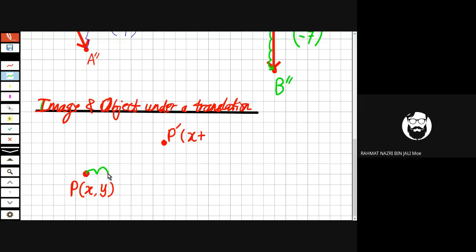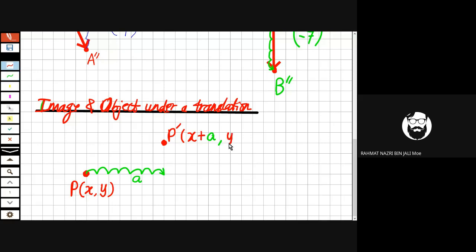One, two, three. Okay, this is the movement to the right, and this is A. So x will be plus with A, comma.